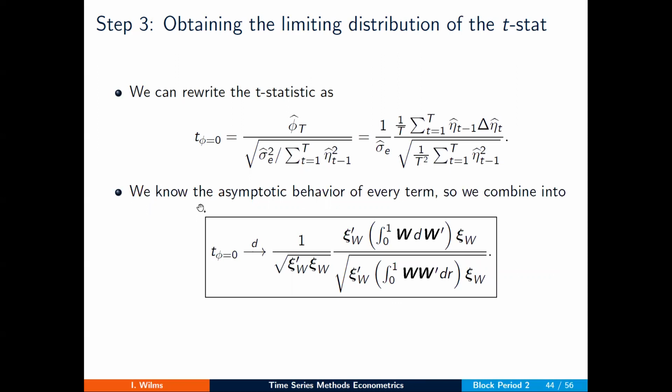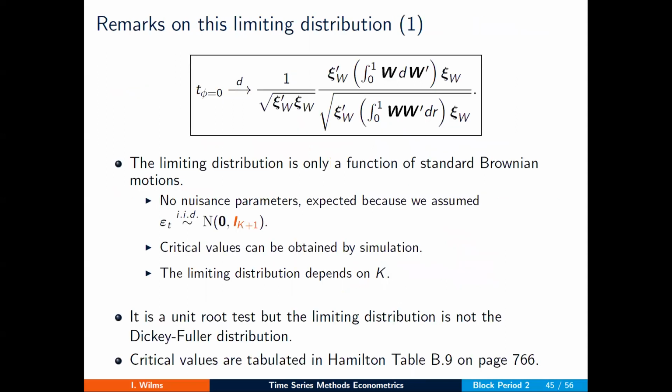So let's take a pause and look at this limiting distribution. Note that only standard Brownian motions pop up. So no nuisance parameters, since we actually assume that our error terms are IID normal with variance-covariance matrix equal to the identity.